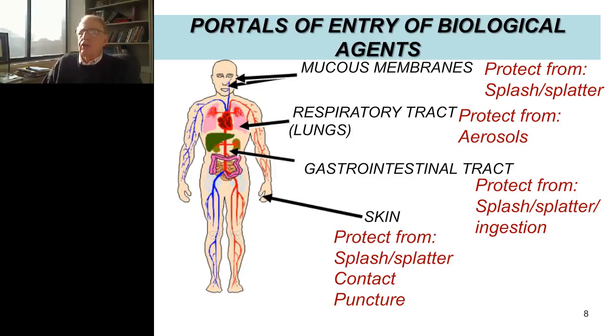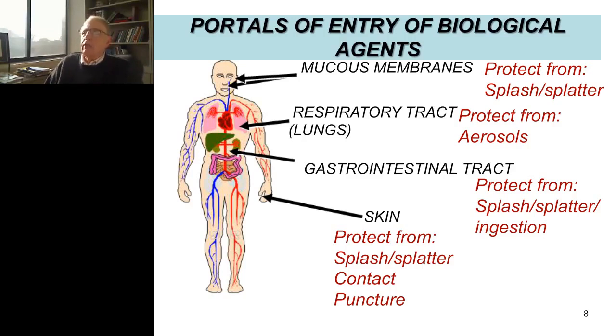Another cause for concern is the protection from aerosols so that we don't breathe in a pathogen. For example, if we're processing specimens for TB, we want to be working in a biosafety cabinet, plus we want to be wearing a respirator to protect us from exposure to those aerosols. The gastrointestinal tract is another means of entry into a body for a biological agent.